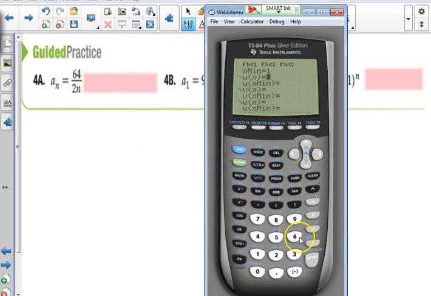Now, when we type this one, this has an n in it, so it's explicit. We're going to type 64 divided by parenthesis 2n. Need parentheses, otherwise the n will go up to the top and it needs to stay in the bottom with the 2. Okay? Now, if you want to look at the values, I'm going to set my table back to auto and just look at the table real quick.